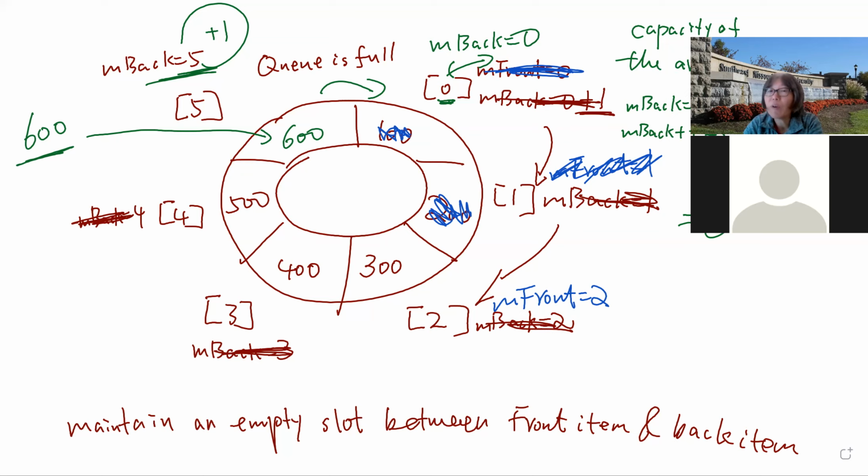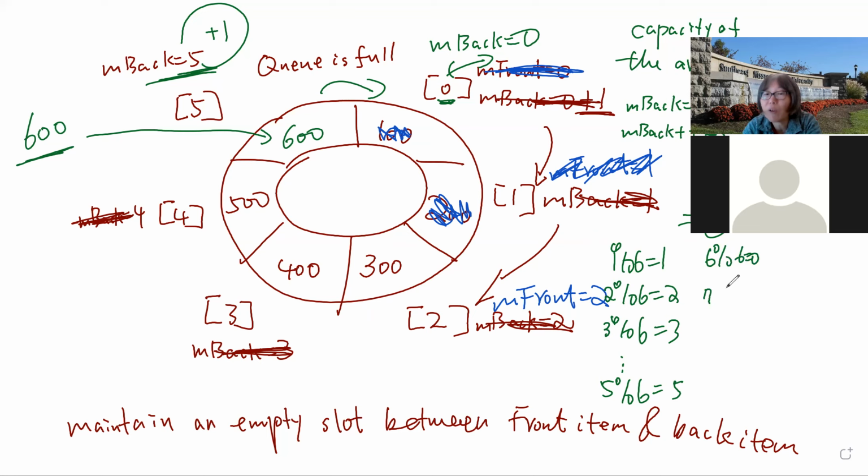So you see this modulo operator, it's very powerful, as it can bring it back to 0. And for all of the remaining, 1 modulo 6 is 1, 2 modulo 6 is 2, 3 modulo 6 is 3, and 5 modulo 6 is 5. And then when you do 6 modulo 6, it's back to 0. 7 modulo 6, it's back to 1.